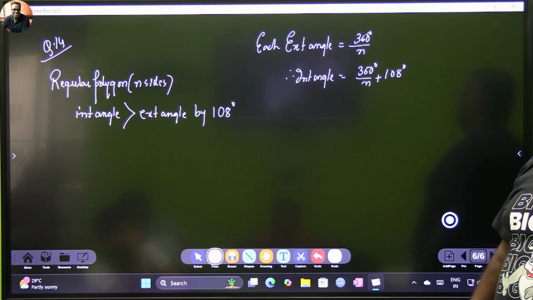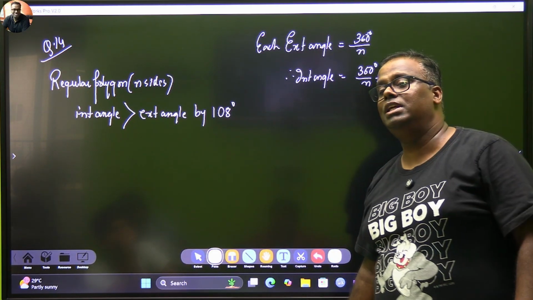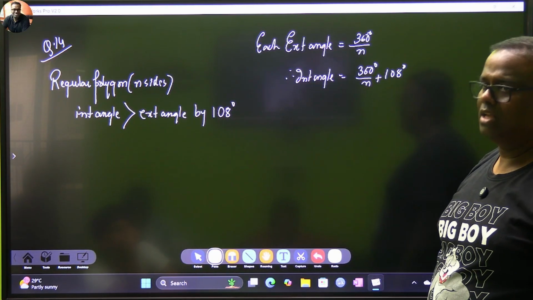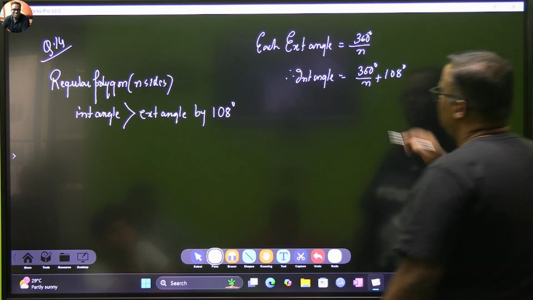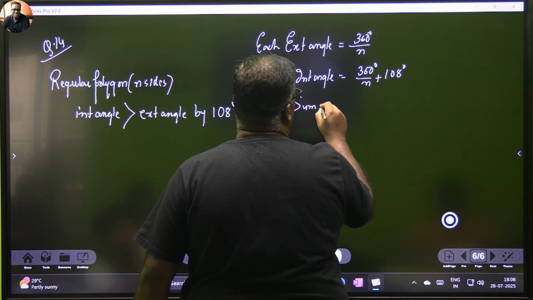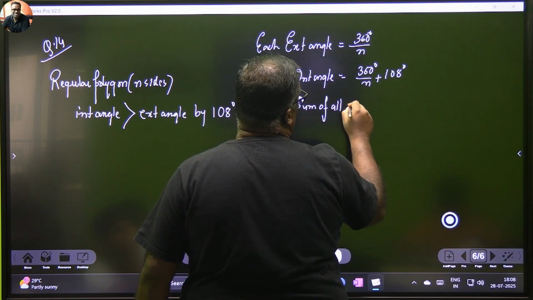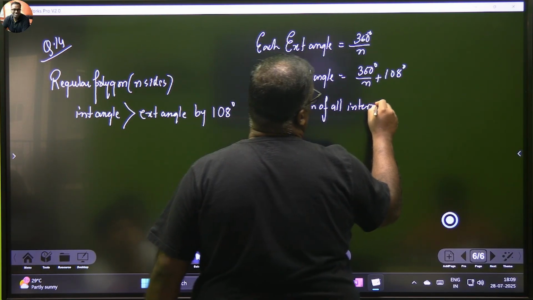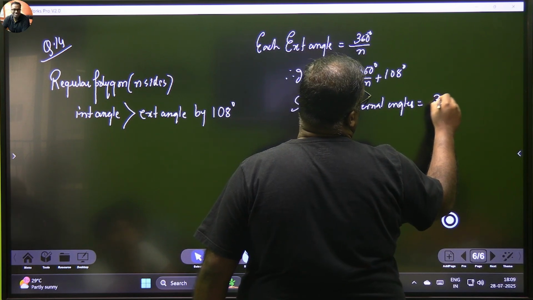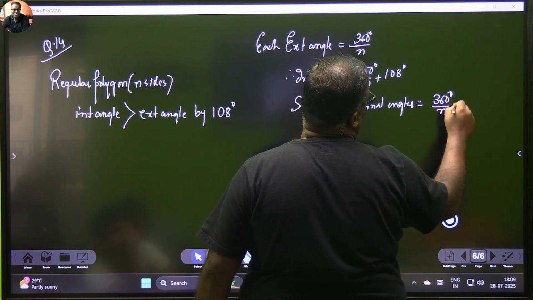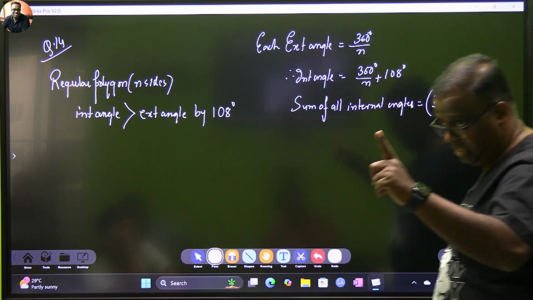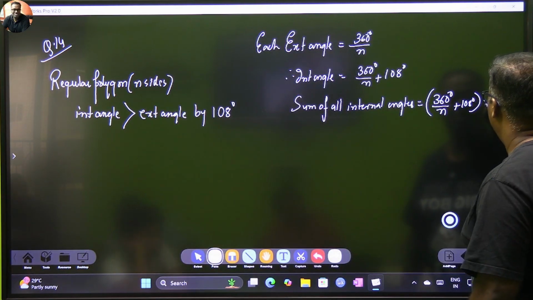And the sum of all internal angles should be equal to 360 degrees by n plus 108 degrees, which is one internal angle, multiplied by n.